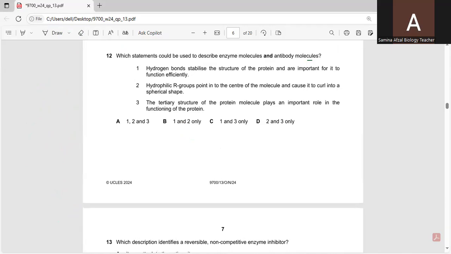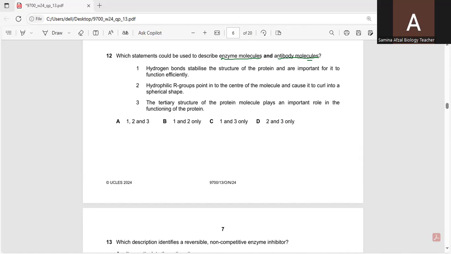So they have given us three statements. The first statement is: hydrogen bonds stabilize the structure of the protein and are important for it to function efficiently. So enzyme molecules and antibody molecules, we have to describe with the help of these three statements.